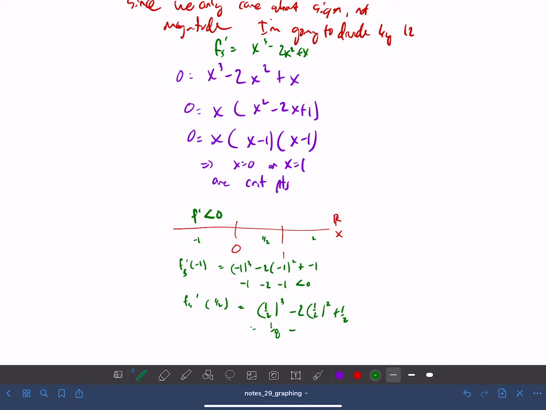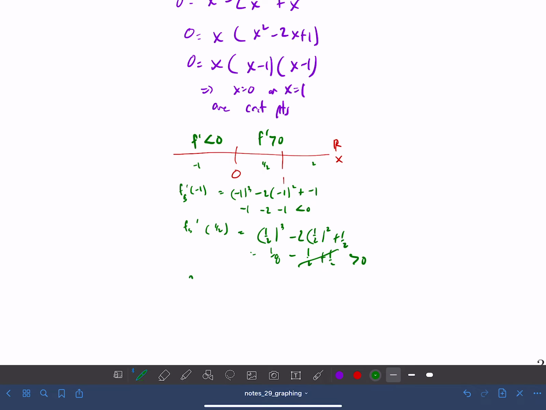That's an eighth minus a half plus a half, bigger than 0. And f sub s prime of 2 is 2 cubed minus 2 times 2 squared plus 2, which equals 2, bigger than 0.